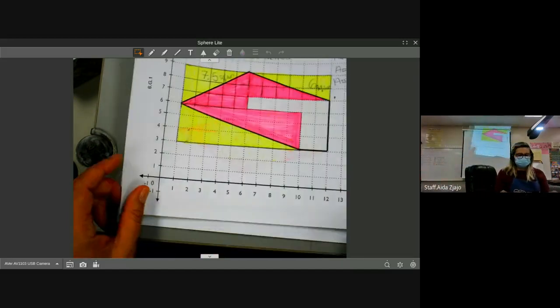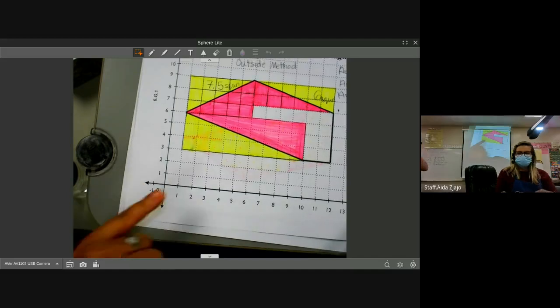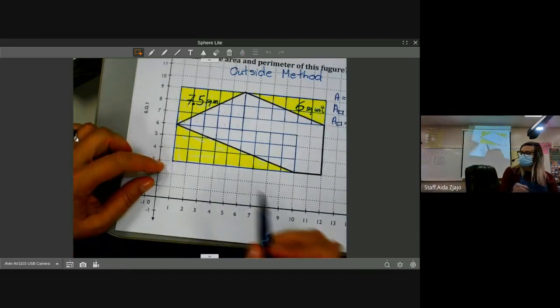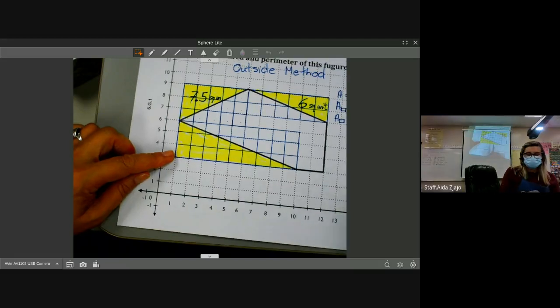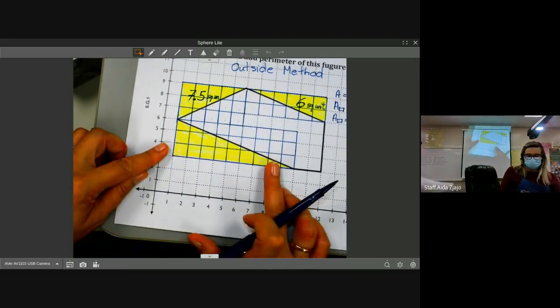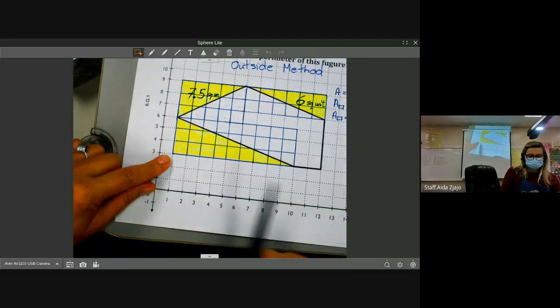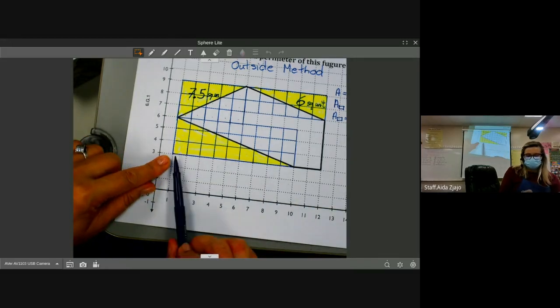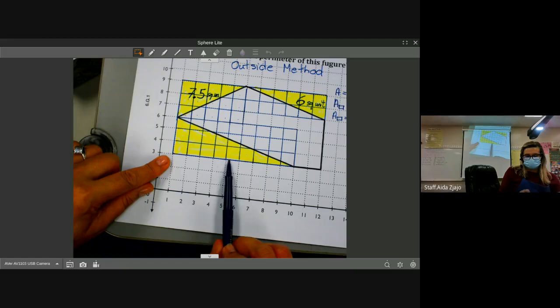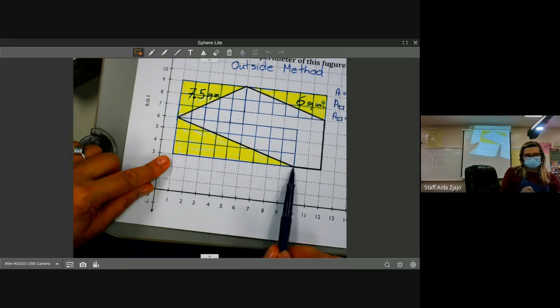So tell me, Nora, what would be the area of the whole rectangle right here? What is the length? 9.